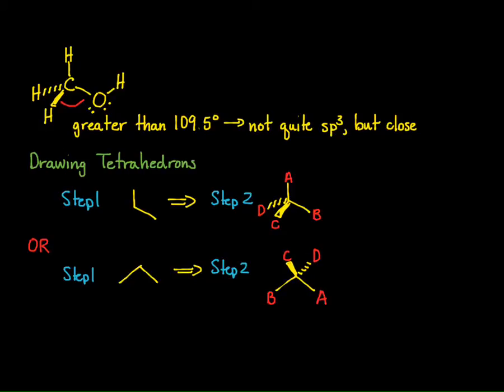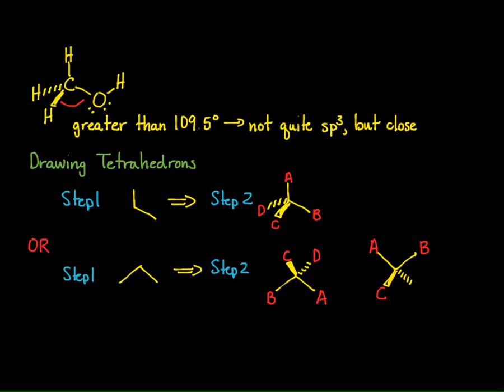Now, another way I could have drawn it is with the point down, the angle up, and so now the wedge and dash are pointing down. And again, if I said A is here and B is here, what have I done? Now I've basically rotated the upper structure 60 degrees in the opposite direction.